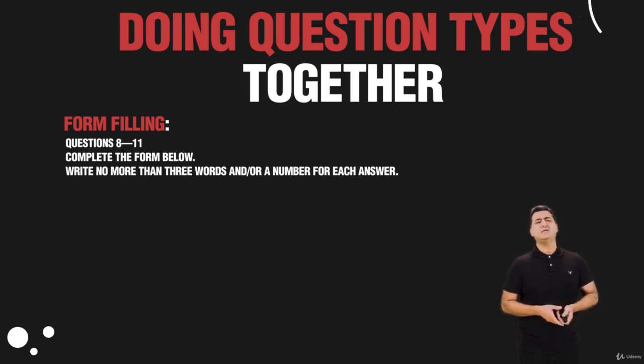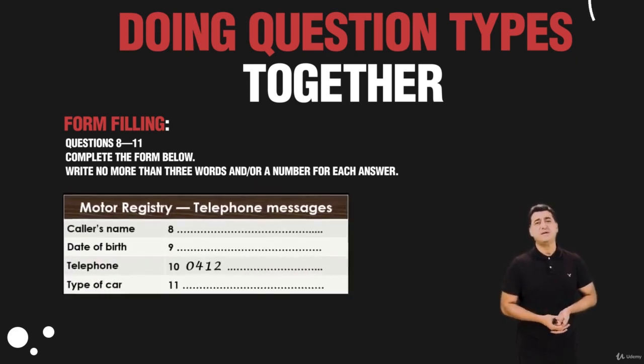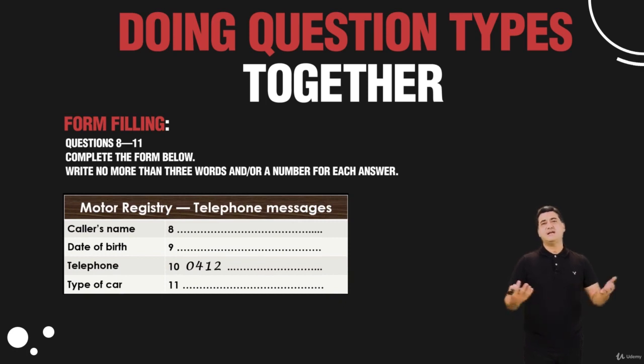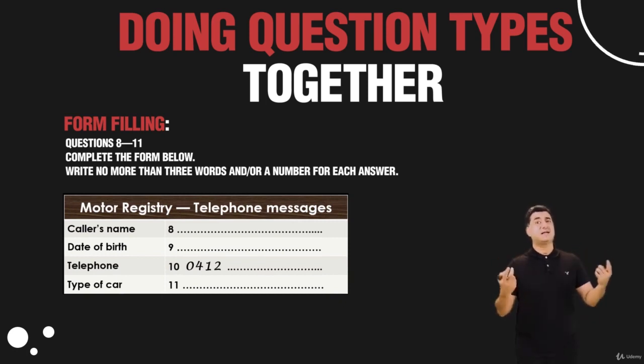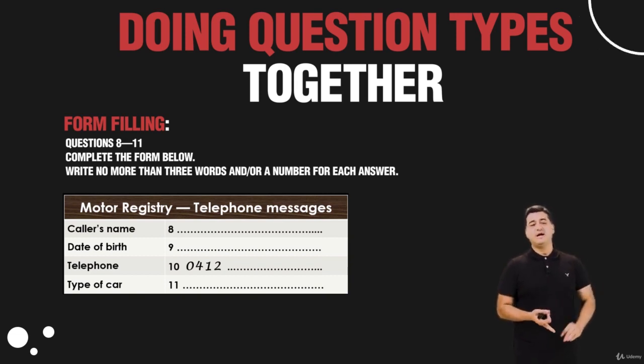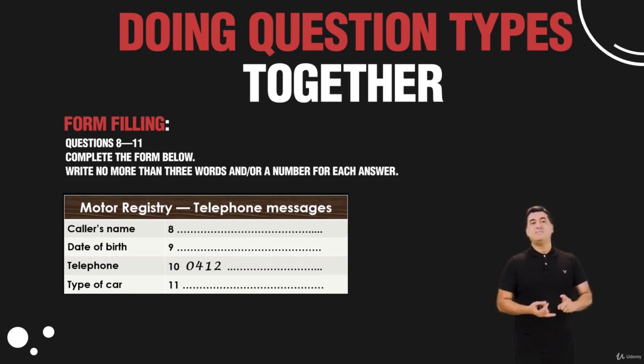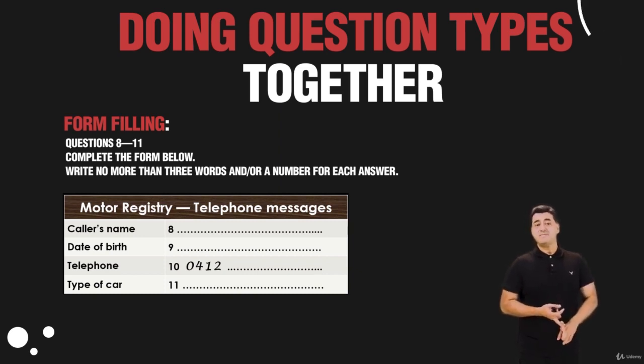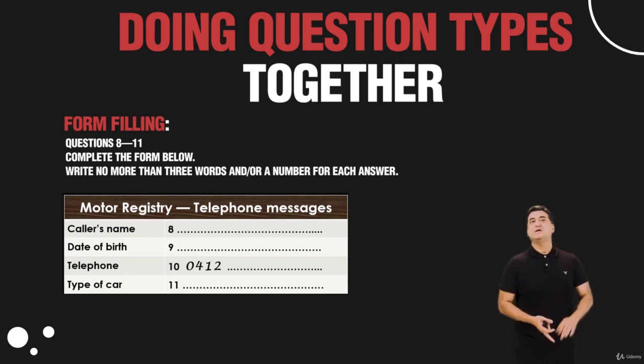This is a form of motor registry and you are noting down telephone messages. So what is that factual information that you have to note down? You have to note down the caller's name, the date of birth, the telephone number, and the type of car. Now remember: caller's name, date of birth, telephone, and type of car.